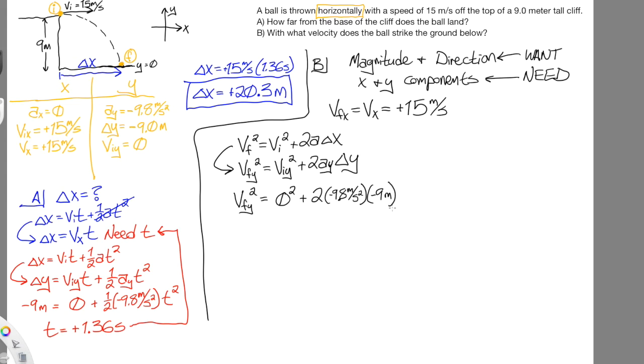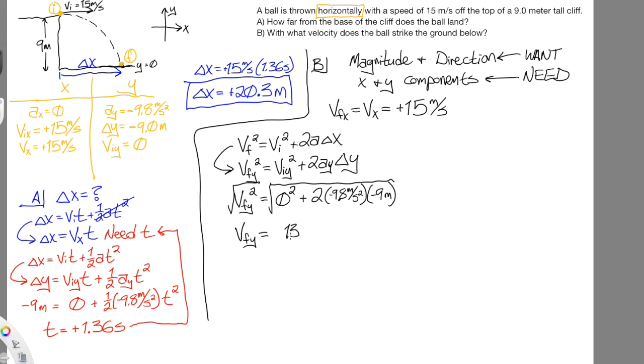If you end up having to take the square root of a negative number to get your answer, you've probably lost a negative sign somewhere. Go back and look for it. But we have to take a square root here, taking the square root of both sides of this equation. So when you take a square root, you decide whether it should be positive or negative.